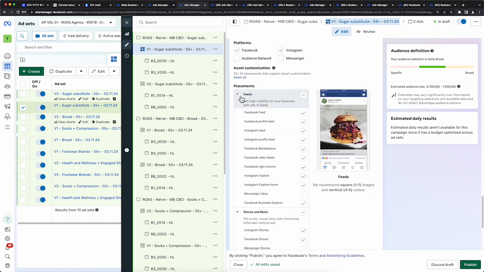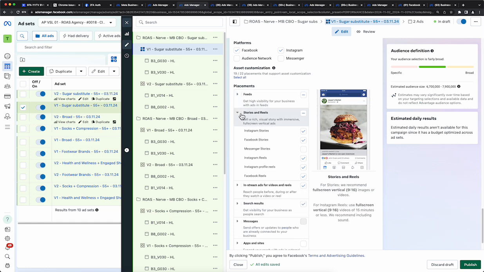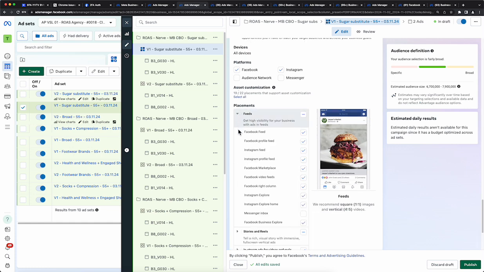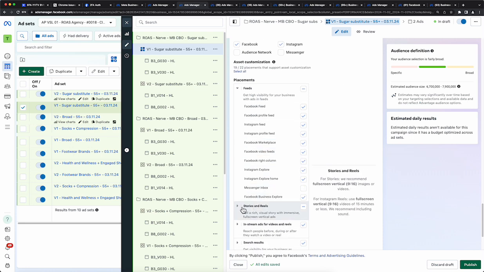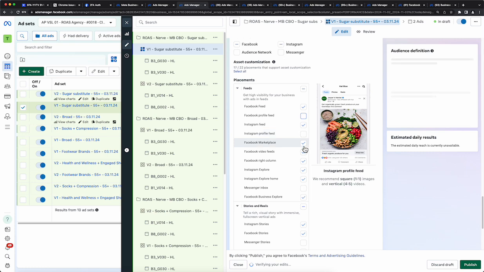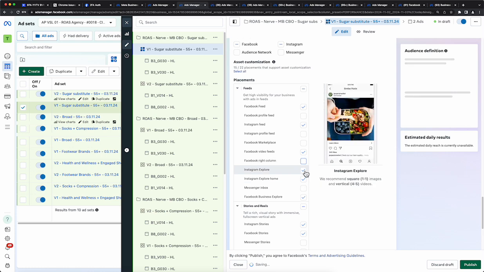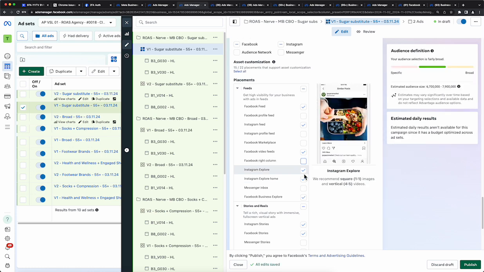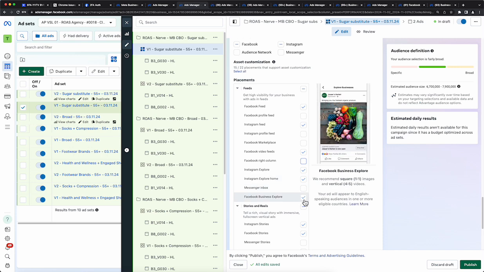And I think we'll just leave it at that. I'm just going to remove them. What you could do is just run feeds and reels and in-stream. And ultimately, that might be the best way of doing it. So let's try it. I'm going to remove everything now that I don't think is applicable. I haven't really got too much data on Explore, so we'll leave Explore.